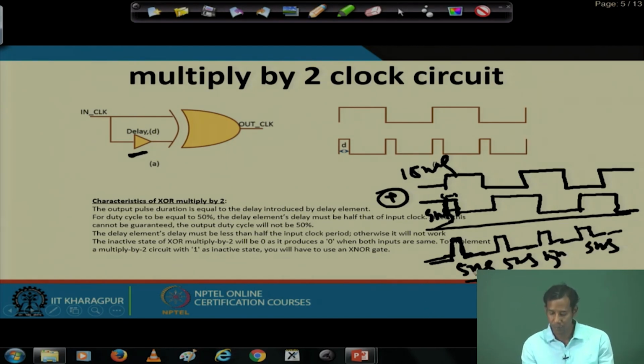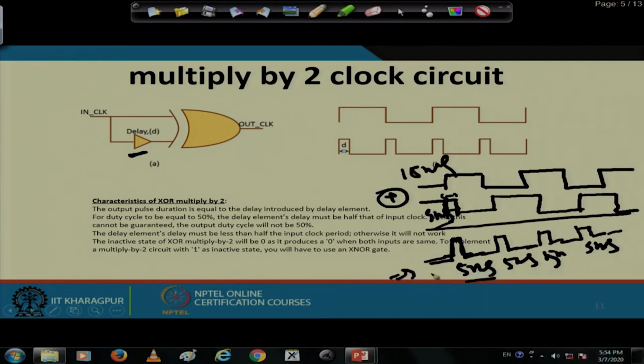Here I can increase the frequency to twice: as the time period becomes 5 nanoseconds, the frequency of this clock will be 200 megahertz, whereas when the period of the input clock is 10 nanoseconds, it is 100 megahertz.